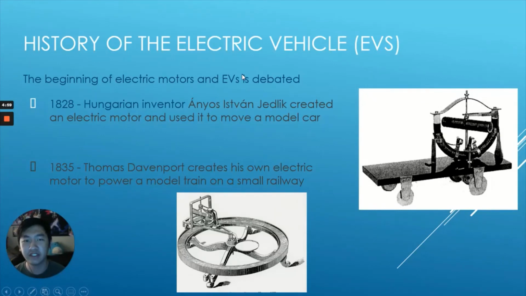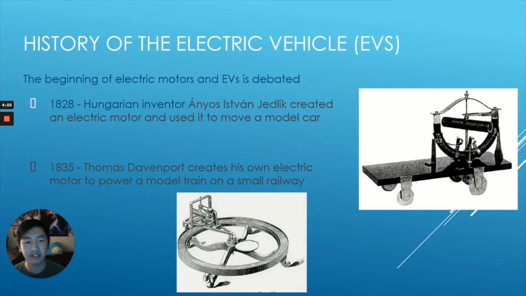So, some history on electric vehicles: the beginning of the electric motor and EVs is a debatable topic. One place people look to is 1828, when Hungarian inventor Ányos Jedlik created an electric motor and used it to move a model car.